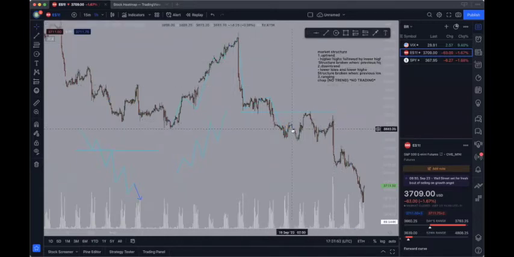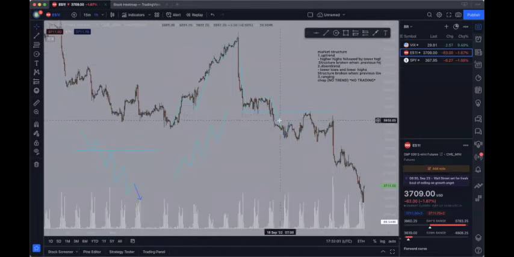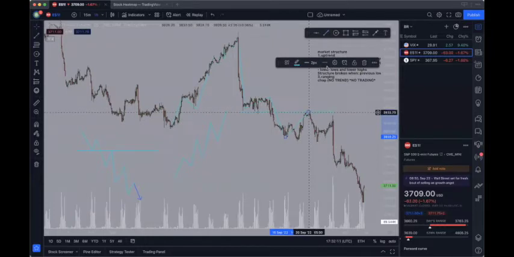Let me delete this so it makes it clear. So this was our lower low, lower high. Ultimately came down when you're looking at the bigger time frames, lower low.